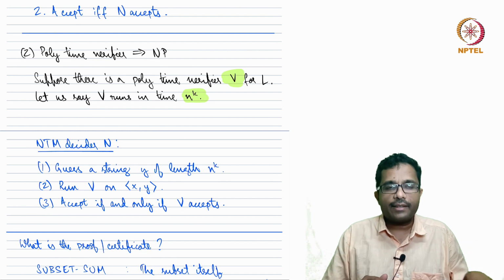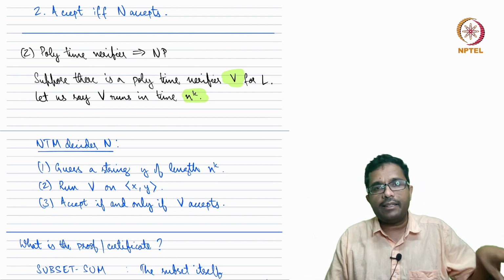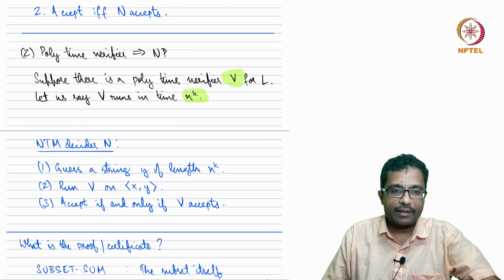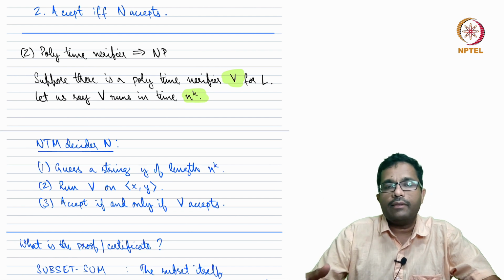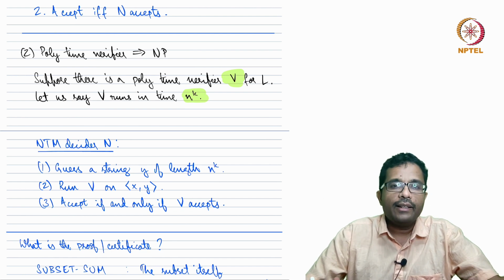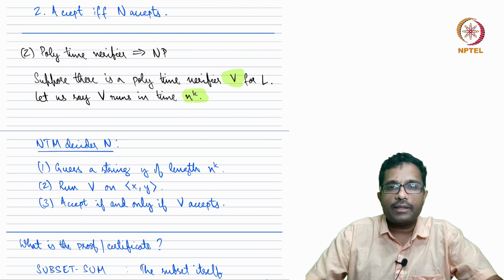Suppose x is a string in the language, then there is some witness string that would lead to the acceptance of x. Suppose x is a three colorable graph, there is at least one proper three coloring which can be used to verify that the graph is three colorable. So if x is in the language, there is a y that will help us verify that.